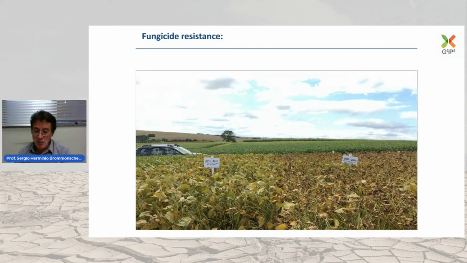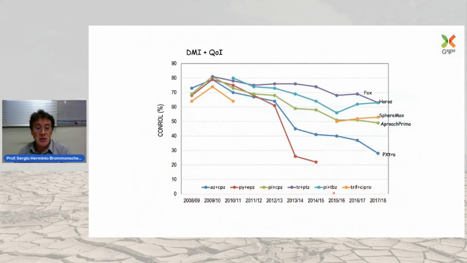Why is this happening? Because of fungicide resistance. What we are seeing is a decrease in the efficiency of control of the disease because the pathogen is able to develop resistance to the major single-site fungicide that we are using here in Brazil.